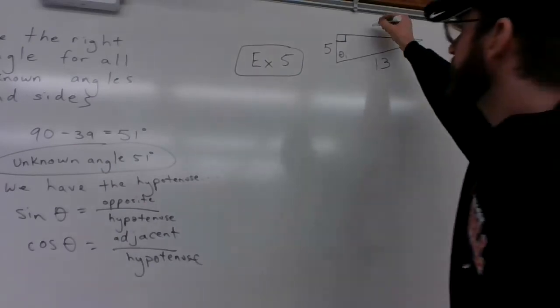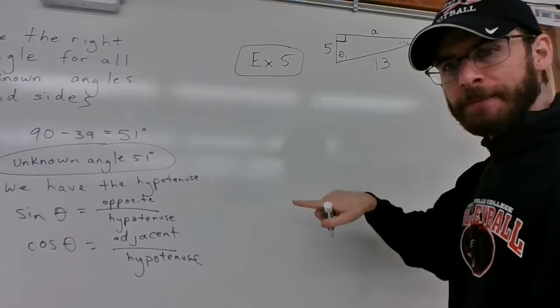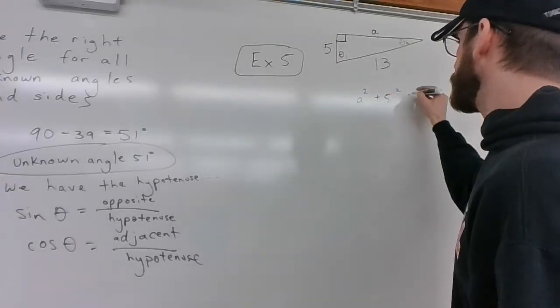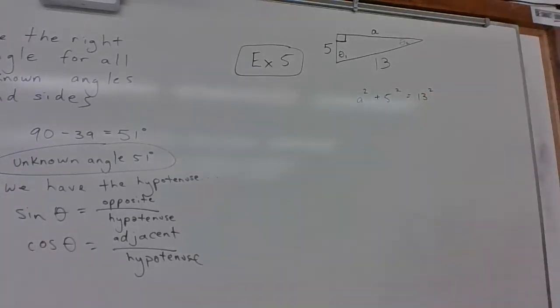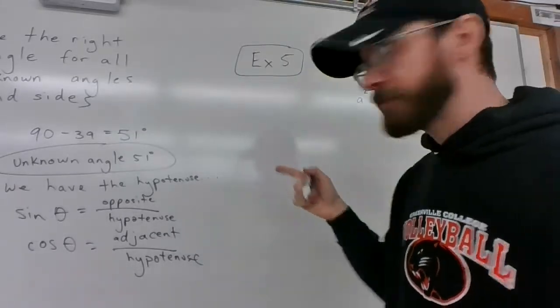Now, the unknown side here is going to be pretty simple because we've got two of the three. We can just straight up do the Pythagorean theorem. A squared plus 5 squared is equal to 13 squared. And I believe this is a Pythagorean triple, where it goes 5, 12, 13.